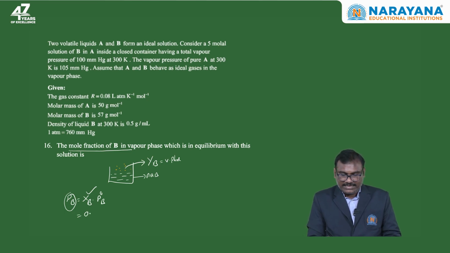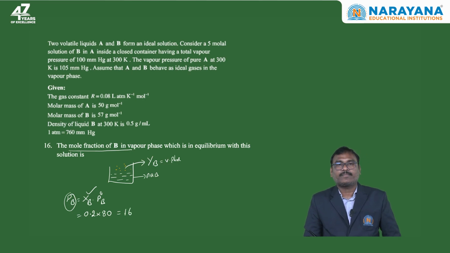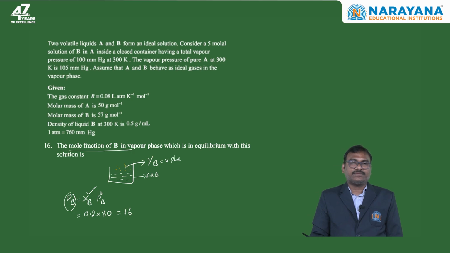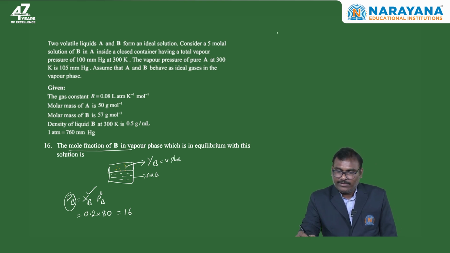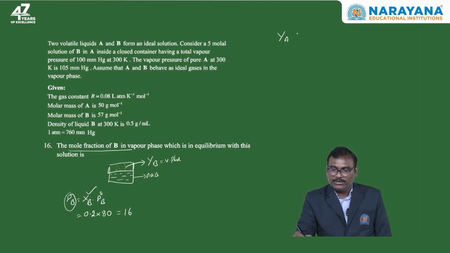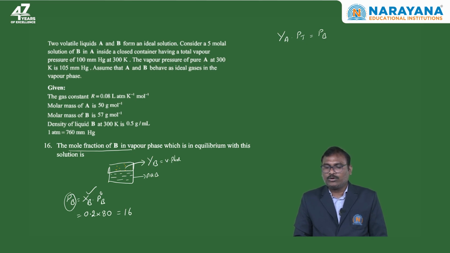Previously I got the mole fraction as 0.2 and P naught B as 80 mm of Hg. Then 8 twos are 16. That is the partial pressure of B in the vapor phase. Say yes or no? According to Dalton's law, YB into P total is equal to PB, because mole fraction into total pressure is equal to partial pressure, since it is a gas mixture.